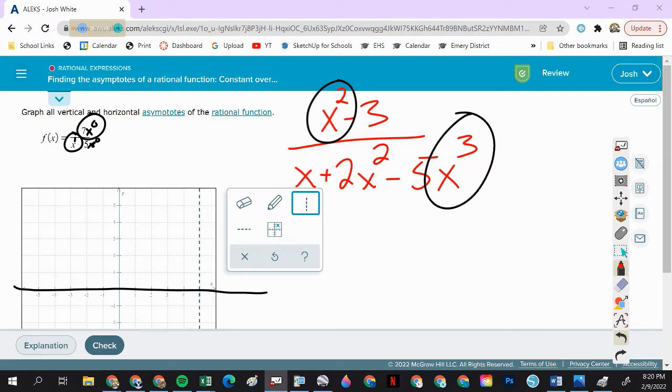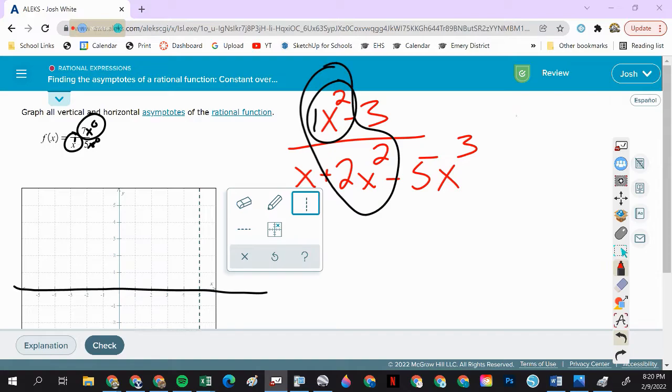What happens when the top and the bottom are the same strength? So the top is an x² and the bottom is an x². The asymptote will be the fraction of these two terms. So I take 1x² and I divide it by 2x².